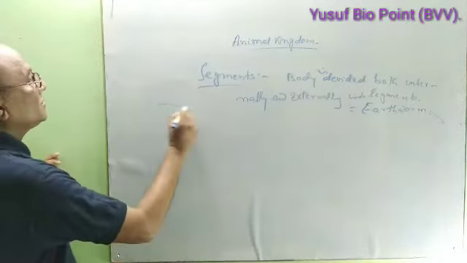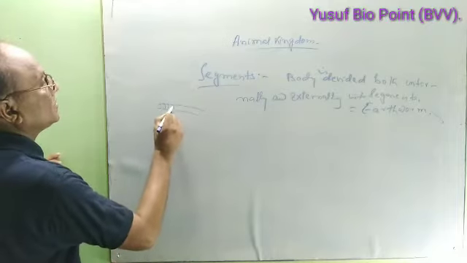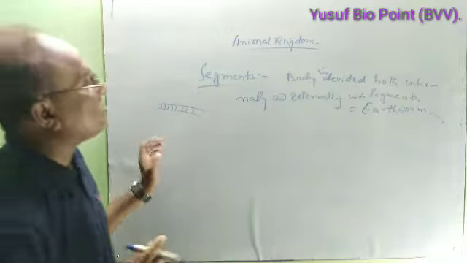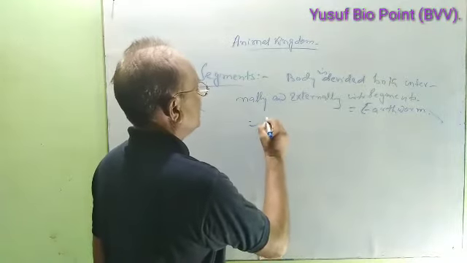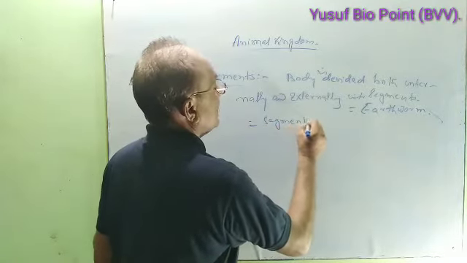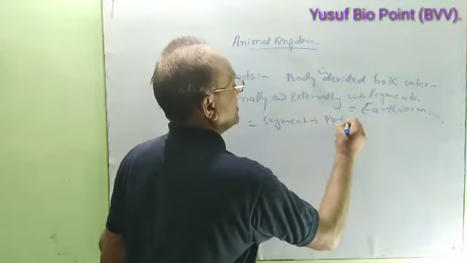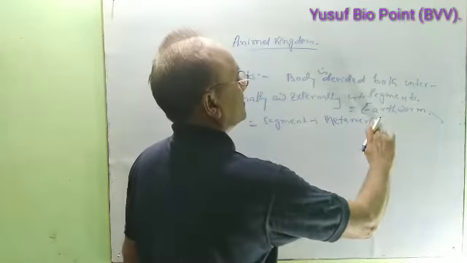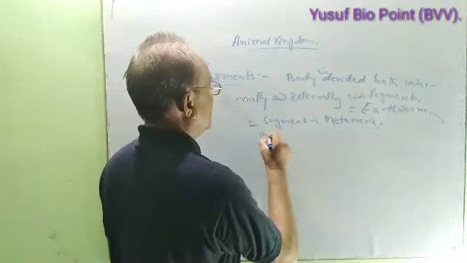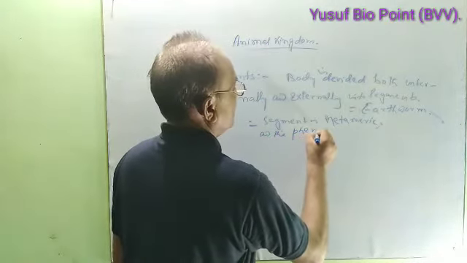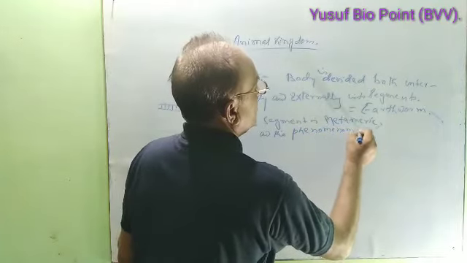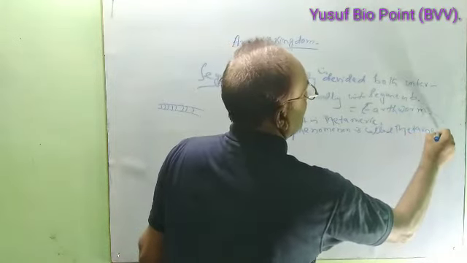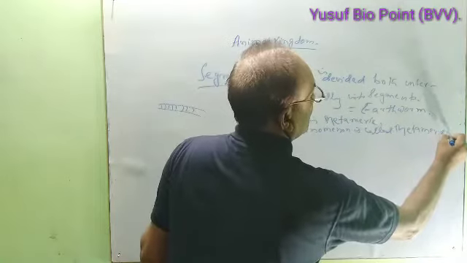Means the body is divided, and these segments are found both internally and externally. Such a type of segmentation is metameric, and the phenomenon is called metamerism.